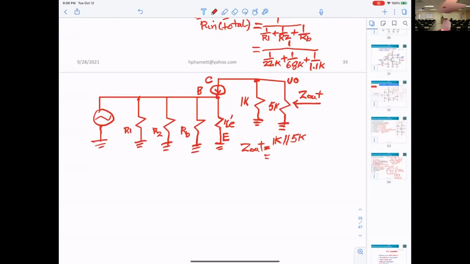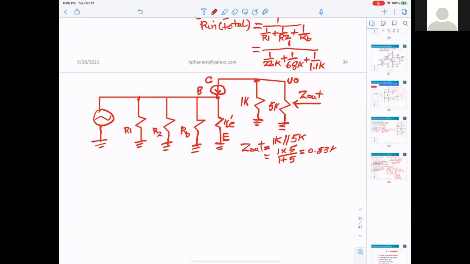Now you can calculate. 5 divided by 6, right? Yep, I get 833, 0.83K. Yeah, 833 ohms.